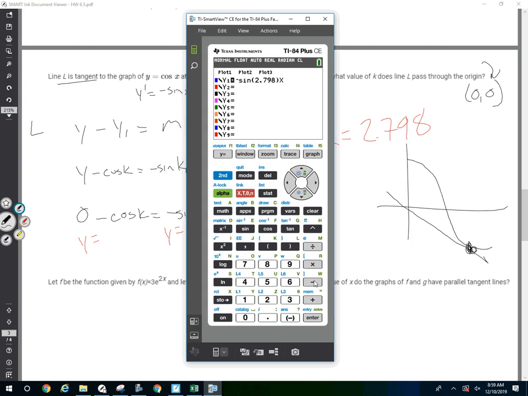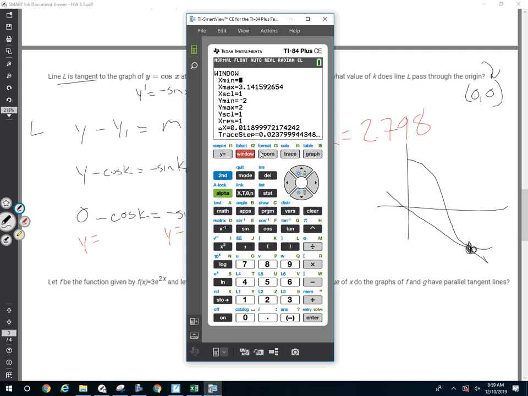X minus 2.798 plus cos k. I'm also going to graph cos x. And we should see, there's the cosine graph right here. And here is my tangent line.